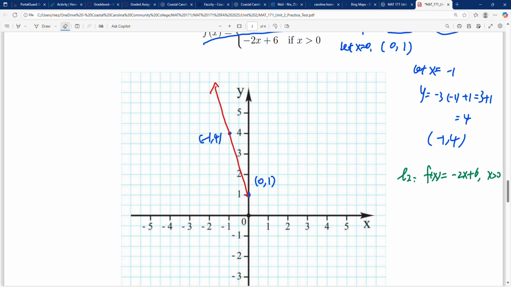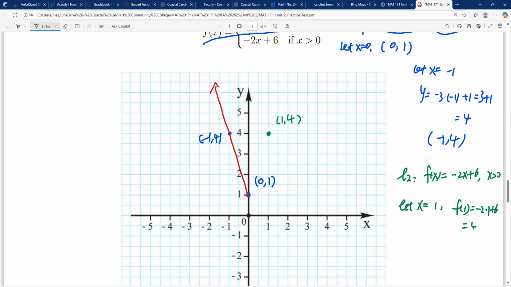Alright, so here you let x equal to, let's say, 1. Then f(1) equal to negative 2 times 1 plus 6, so it's 4. So (1, 4), this point.